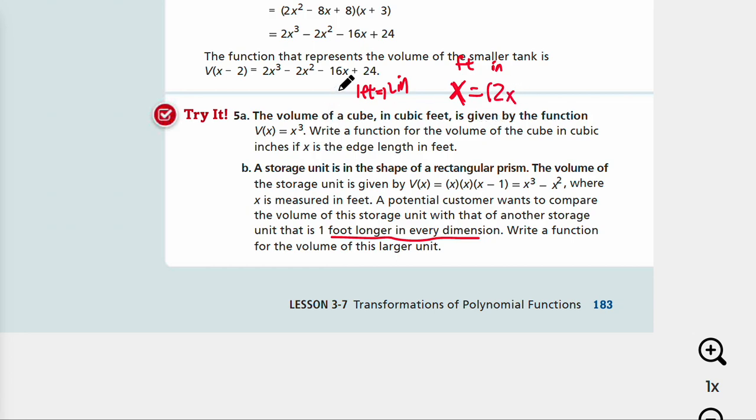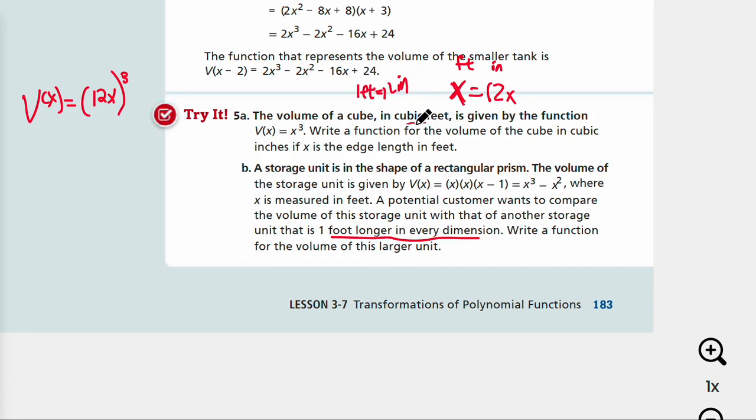To cover 1 foot. So if you want to rewrite this equation in terms of inches, then you just have to simply replace x by 12x, substitute, and then you cube the whole thing. So don't just multiply 12 by x cubed, then you haven't done it correctly because you only used 1 dimension to the power of 1.